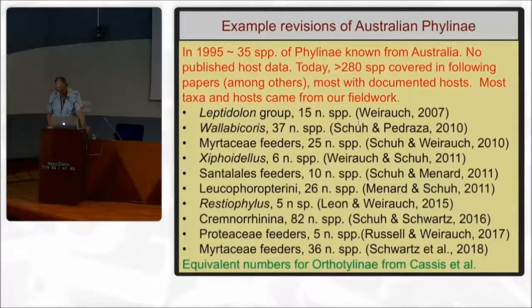In the black is a partial list of publications on the Phyllini by me and several of my colleagues. These represent an 800% increase in the known Phyllini for the continent, but with many well-documented taxa still awaiting study and description. An equivalent list exists for the Orthotylini, the result of work by Jerry and his colleagues.